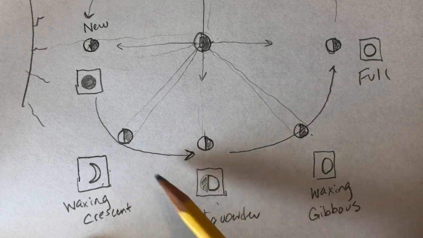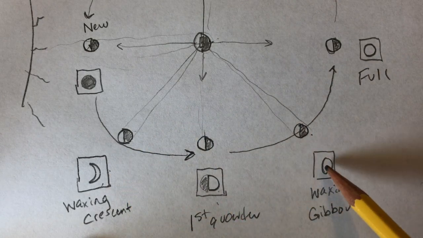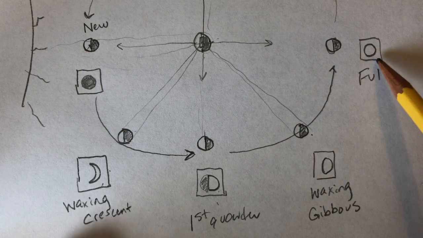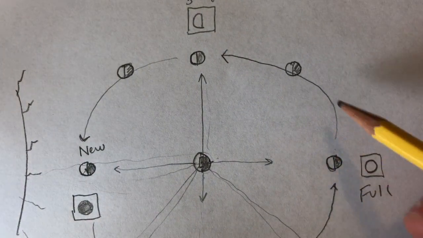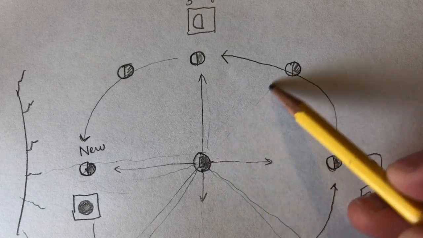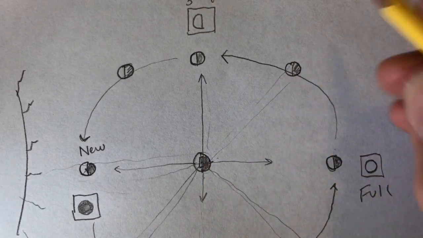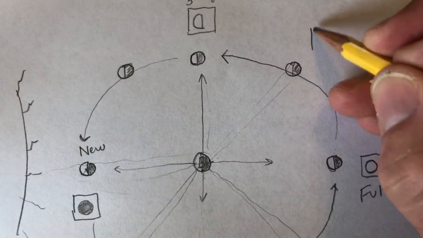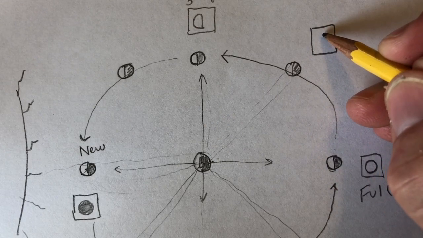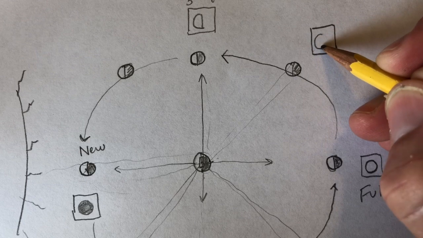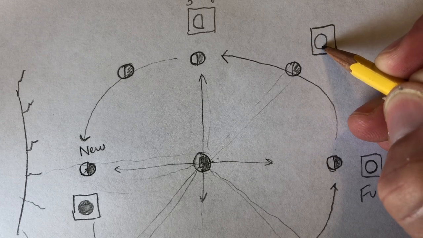We're going to see much more, and then we're going to get to a full moon. Once we reach that full moon stage, we're going to start to see less and less of the moon again. Now we're going to see the left side of the moon, more than half, less than full. So the full left side, just a little bit of the right side.